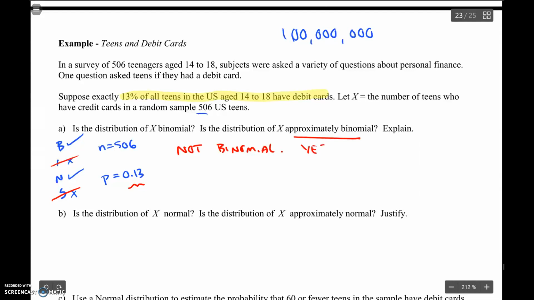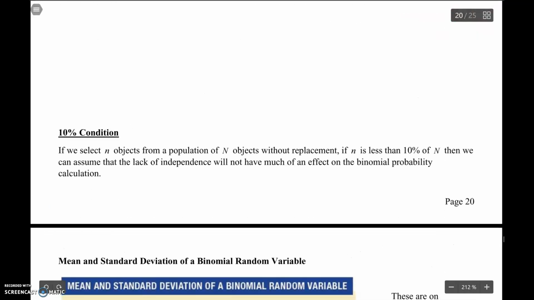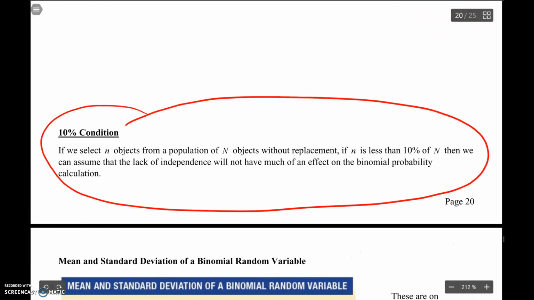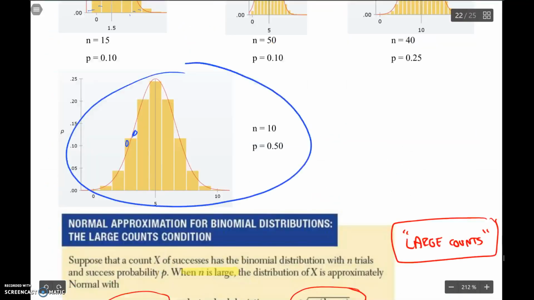However, is the distribution approximately binomial? Yes, it is. Why? That's the 10% condition. Where do we cover the 10% condition? Right here. This is another big condition that we're going to check a lot. It says, if your sample size is less than 10% of your population size. Well, we definitely have that here.